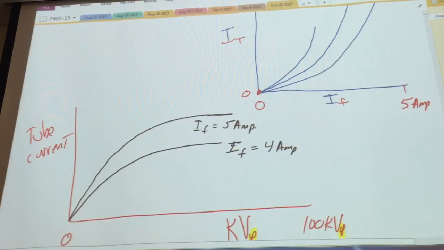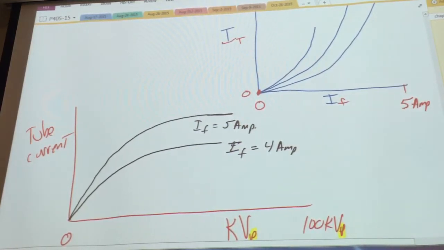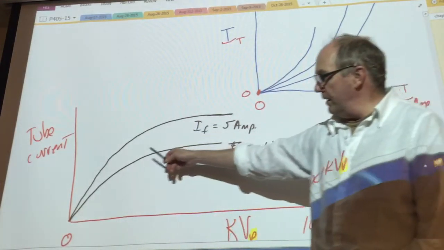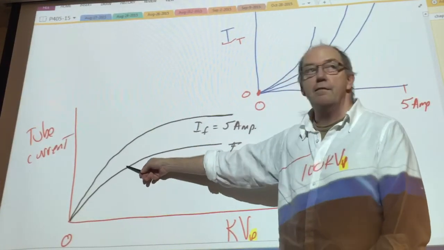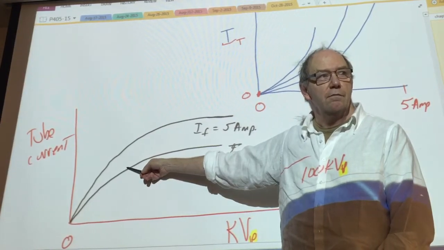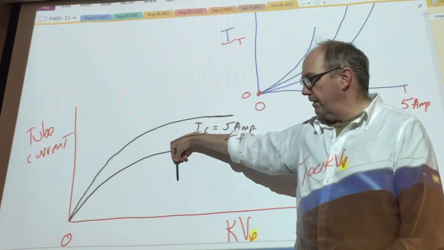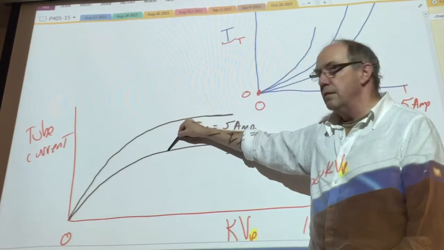Increase the amps. You can increase the filament current. If you happen to be, say, down here and you want to increase the tube current, what can you do? Increase kVp. Increase the kVp. Okay.